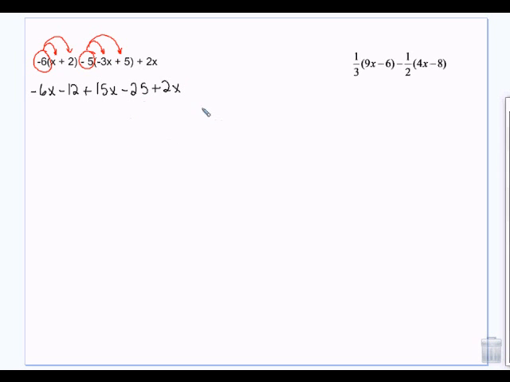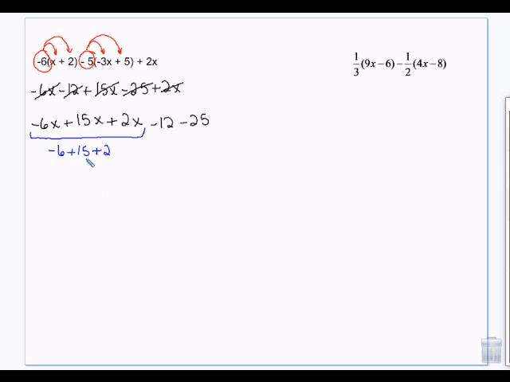And again, I'm just going to rearrange them to put them next to each other. You don't have to do this step if you don't want to. I have 1, 2, and 3 terms with x's in them, and then 2 terms without. Right here, what I'm doing is negative 6 plus 15 plus 2.